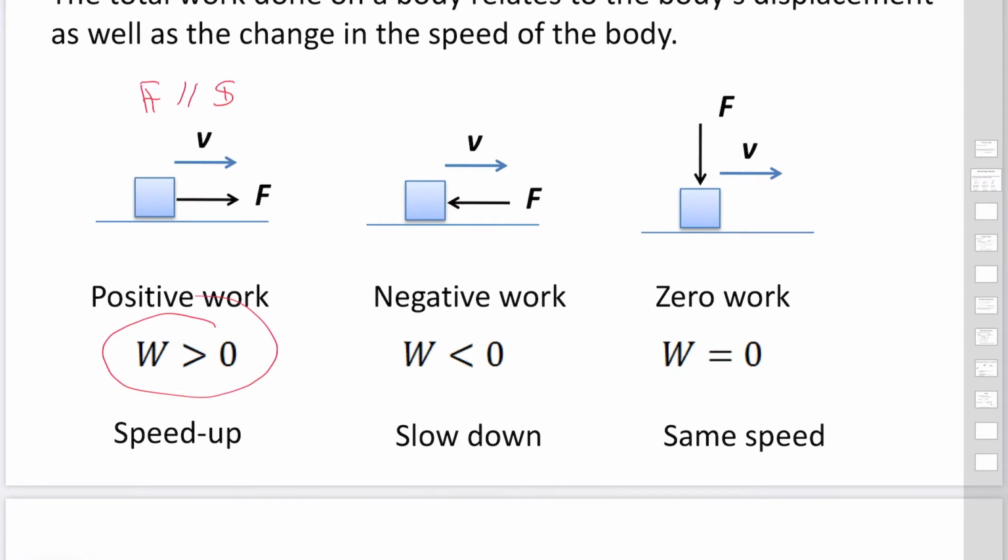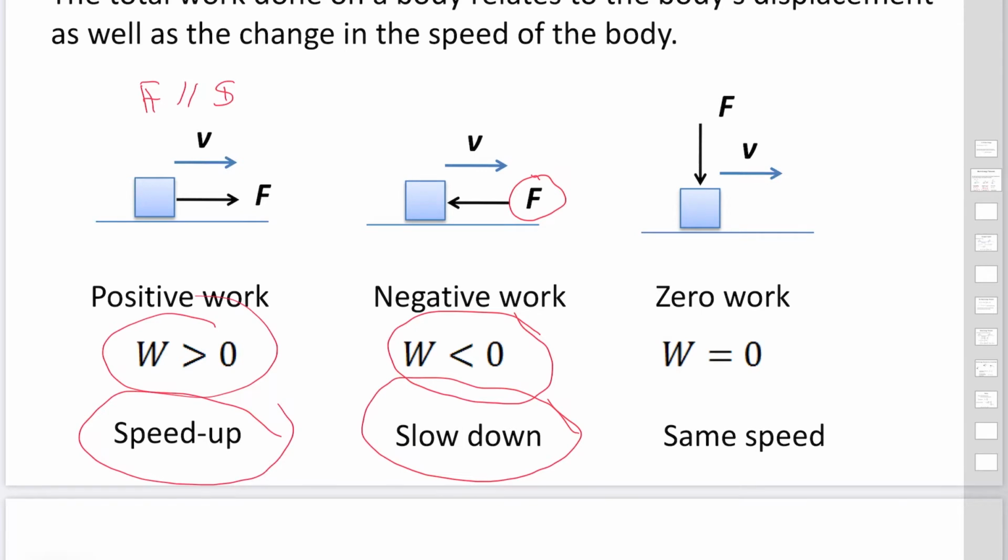When the applied force is anti-parallel with respect to the displacement vector, the speed is slowing down, and the work is negative. In negative work, the speed is slowing down. In positive work, the speed is increasing. When the work is zero, it keeps the same speed.